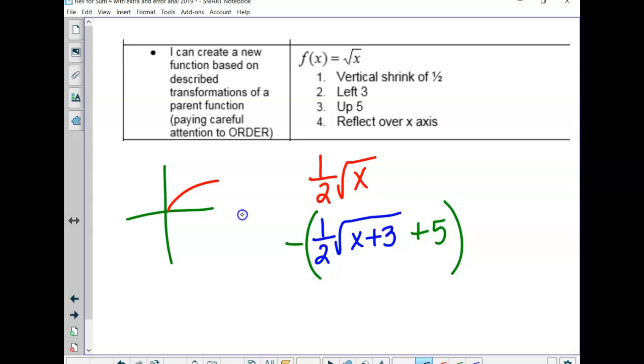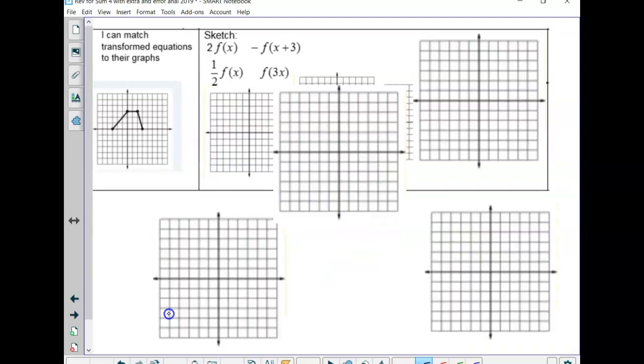It was supposed to get a little bit flatter, and then shift left 3, go up 5, and then reflect over the x-axis, so it wound up way down here. I don't think you need all kinds of extra parentheses on the quiz. All right. You also on the quiz do not have to graph one like this. It's matching on the quiz.